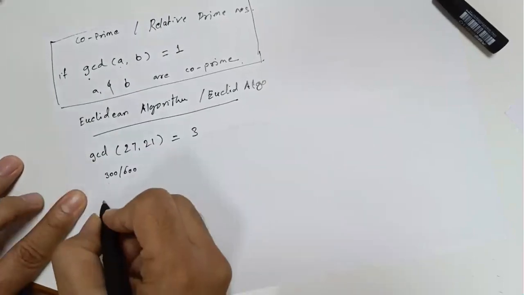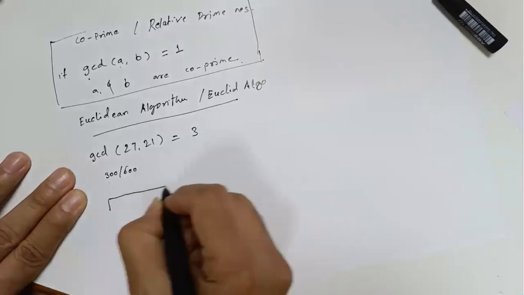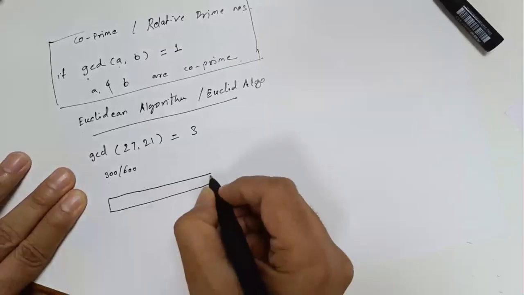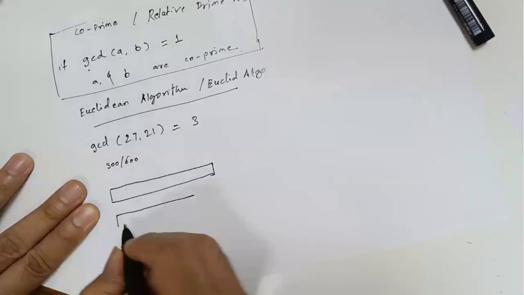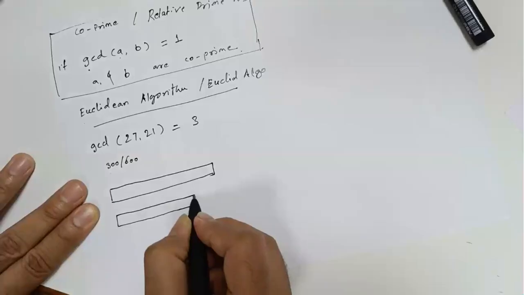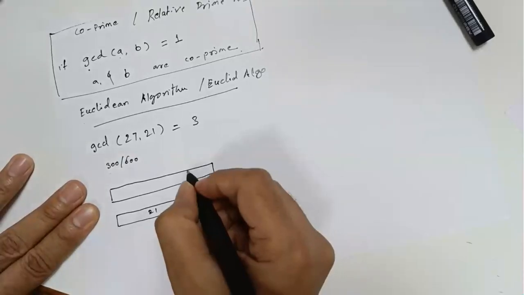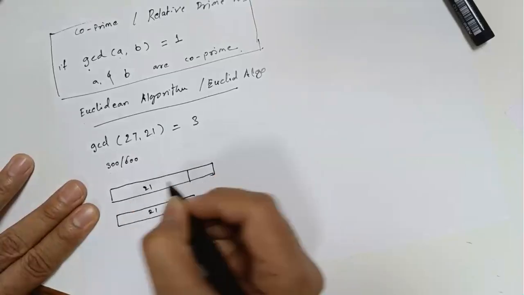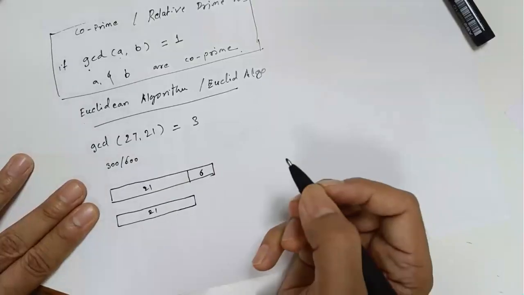Now for that, let me give you the idea. First of all, let's say this is 27, and this is 21. When you deduct 21 from 27, what is remaining? 6.